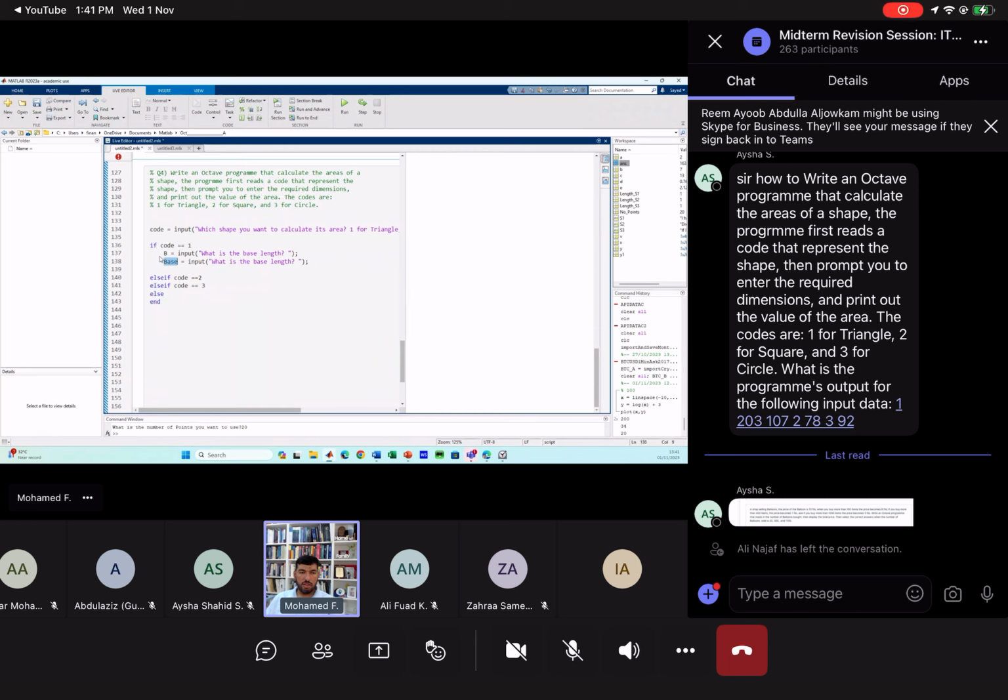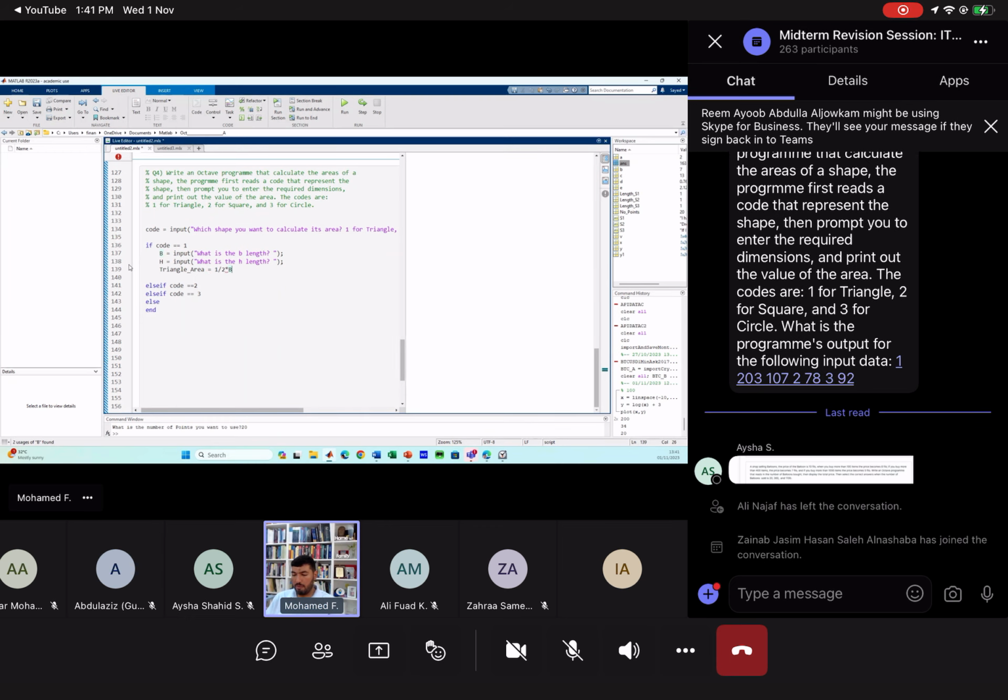And this one H, which is the height. And I'm going to calculate it. Triangle area is equal to half, so 1/2, multiplied by the base, multiplied by the height. And that's it.